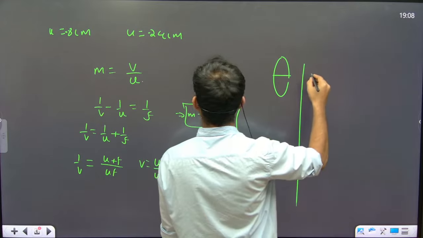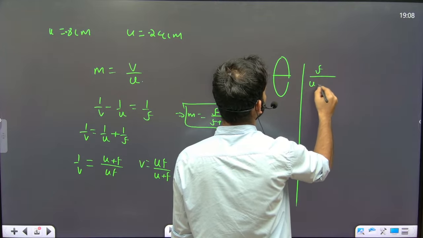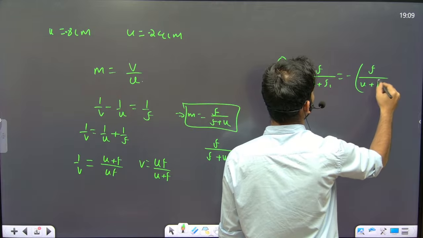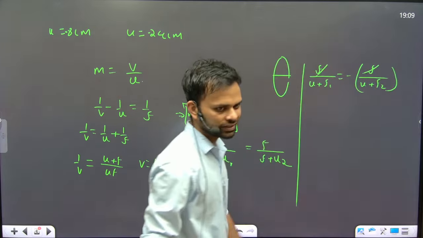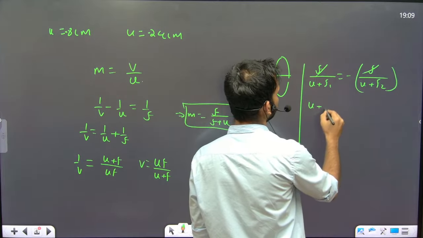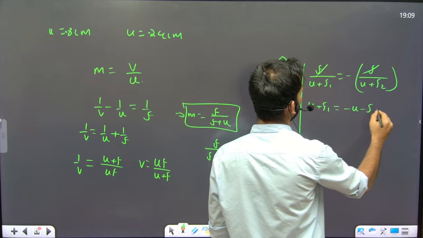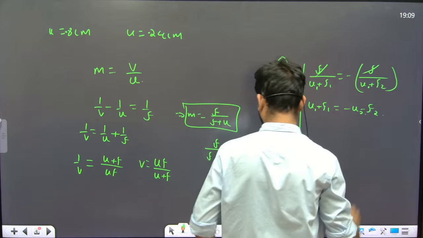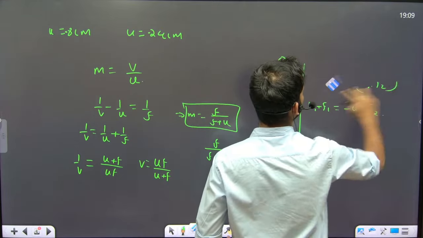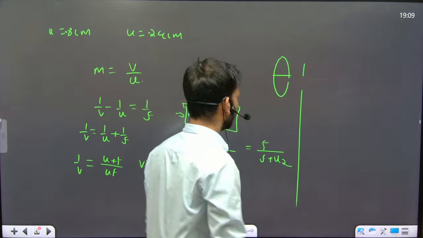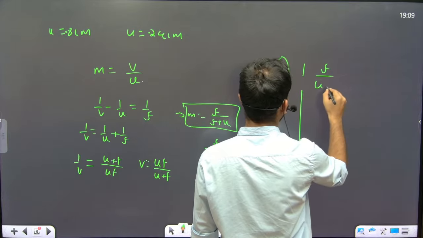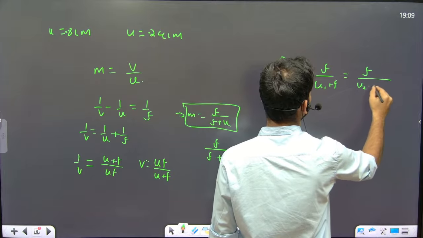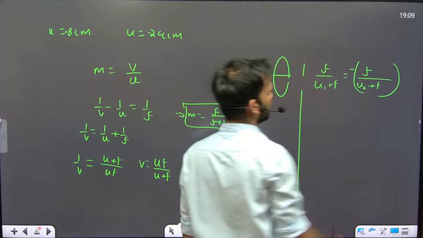So I write that F divided by U1 plus F is equal to minus of F divided by U2 plus F. Negative, it has to be negative.